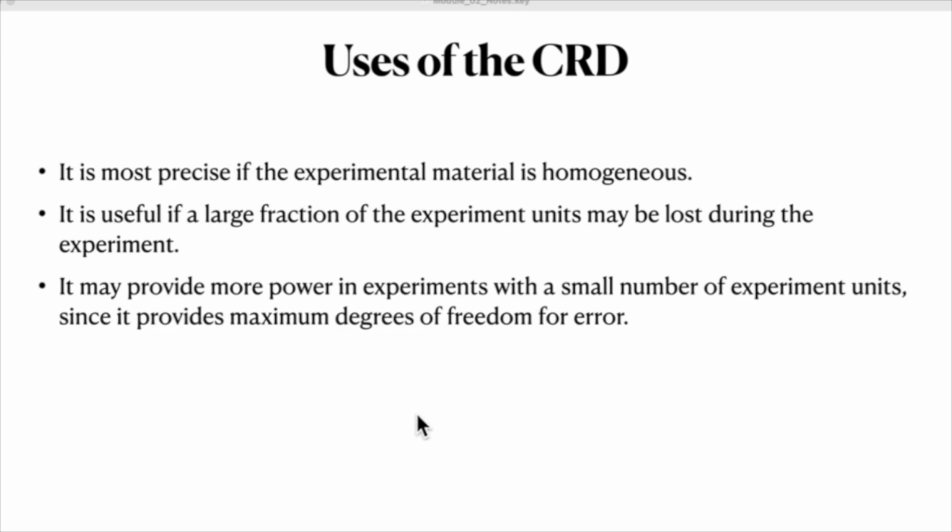And then if the experiment is fairly small, so the experiment only requires a small number of experimental units, then the CRD may be very useful, because in that situation, with a smaller number of experimental units required, the probability of finding experimental units that are homogeneous increases, and so you would again not have this lack of precision issue, and you would have maximum degrees of freedom for error.